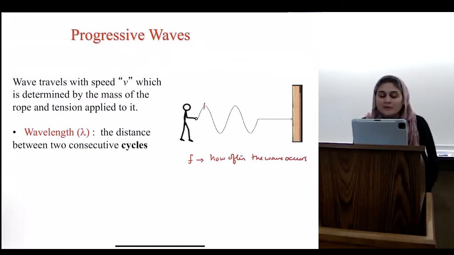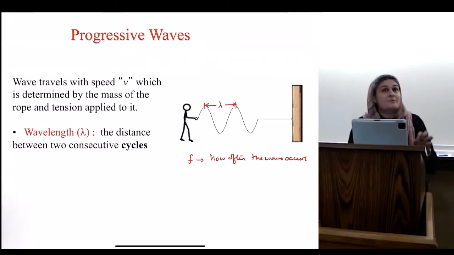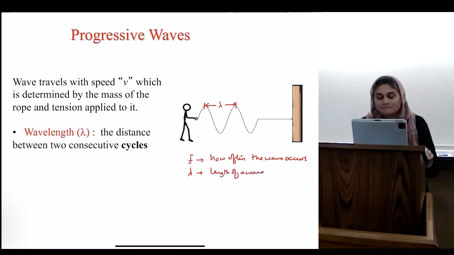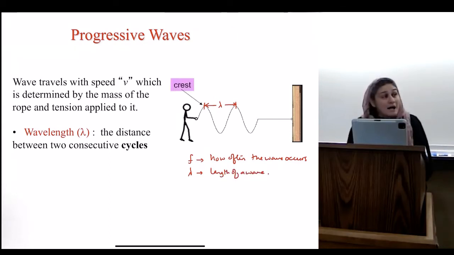Another term will be wavelength, which, if you wanted to remember, and we've talked about it before, is just the length of the wave. Remember, wavelength is the length of a wave, and it's the distance between two consecutive cycles. The top of this wave is called the crest, and the bottom is called a trough.